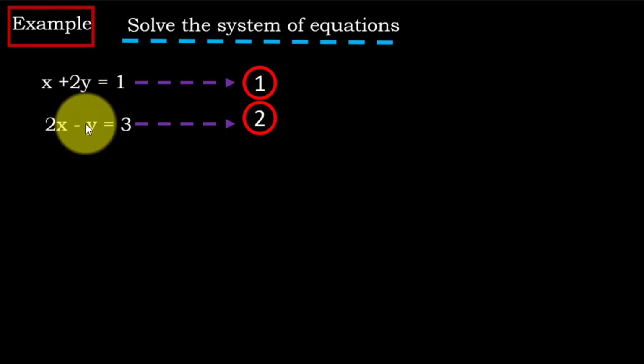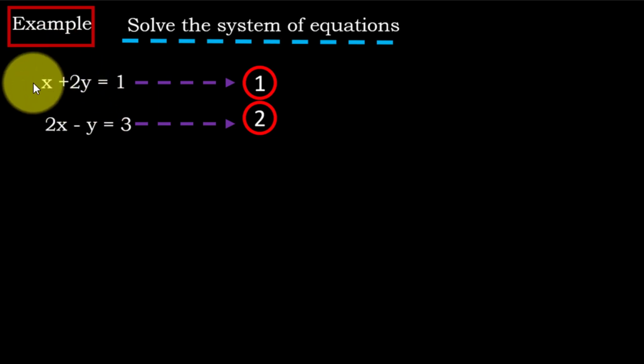But if we had 2y, we could add the two equations to get rid of the variable y. Now we can equate the variable y by multiplying the second equation by 2. So we will solve for x, just get rid of the variable y.